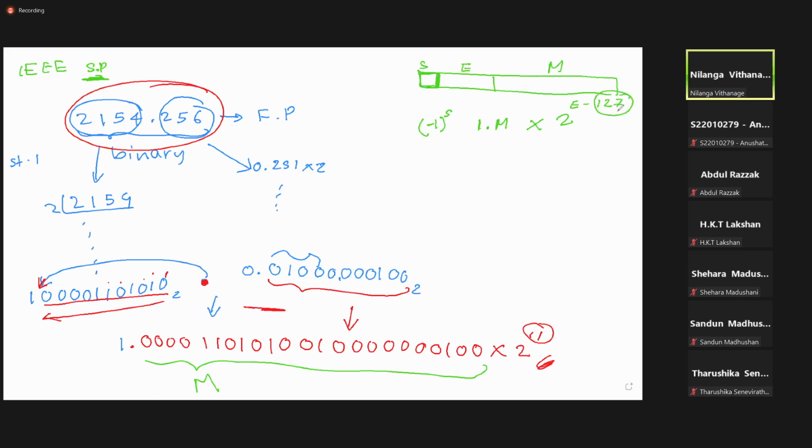This number 127 is there because it is the IEEE single precision format, right?